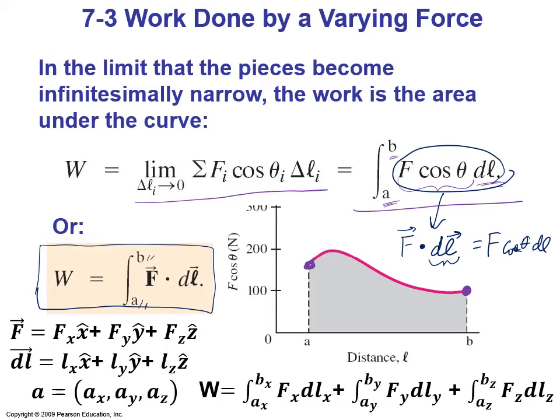So this is the official formula for work that will work all of the time. In the limit where the force and displacement are constant in time, not varying as the object moves, then this will reduce to, well, if F is constant, you can pull it outside of that integral, and you would just have F dot, and then this integral from A to B over dl.